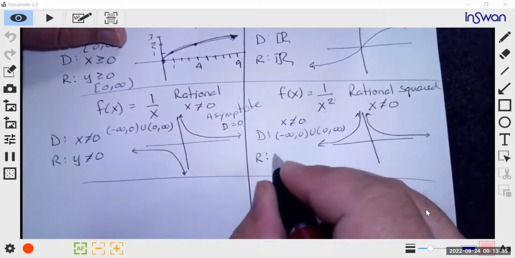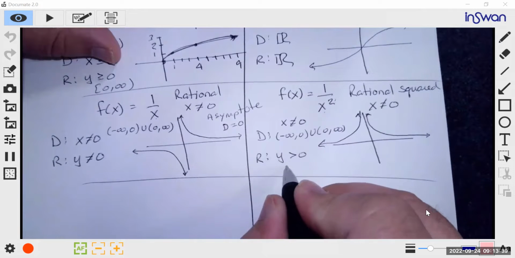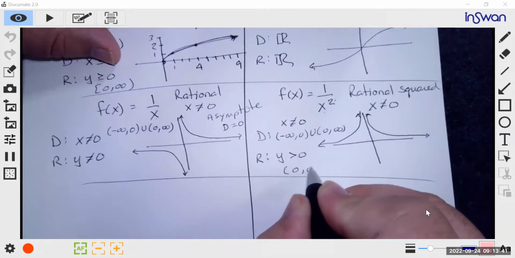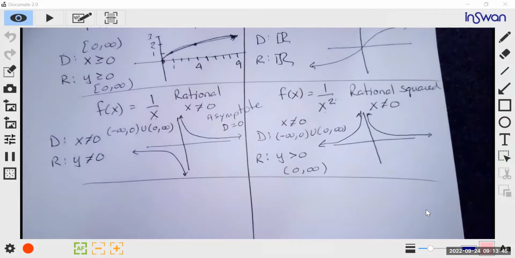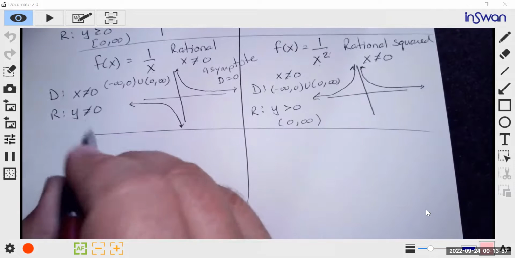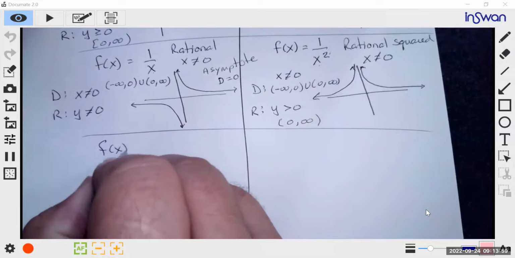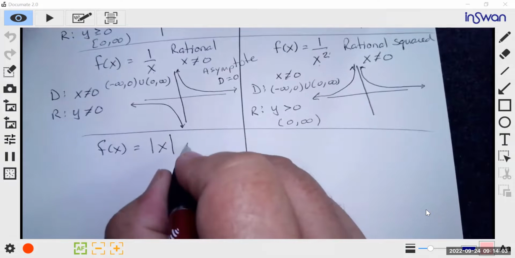Very good. y is greater than 0, or parenthesis 0 to infinity. How about the absolute value of x?